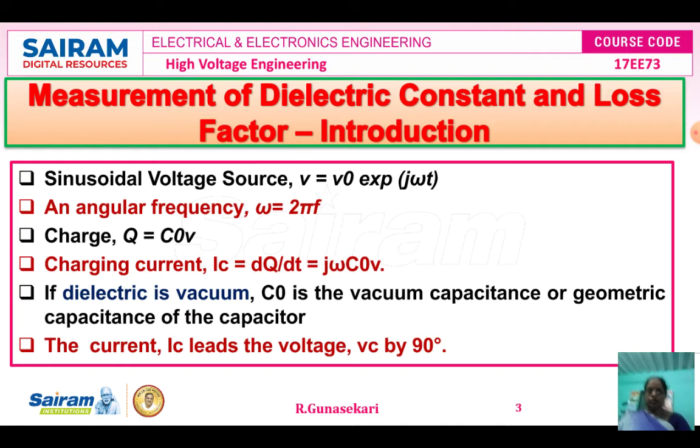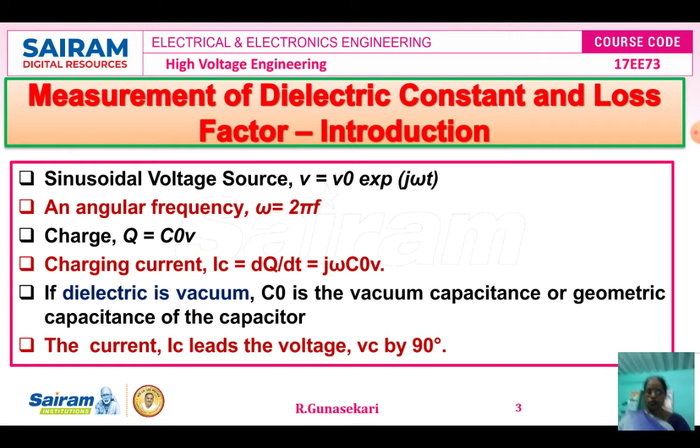These are subdivided into two quantities: one is dielectric constant, another is loss factor, which are dependent on the magnitude of the voltage stress and on the frequency of the applied voltage. When a dielectric is used in electrical equipment such as a cable or a capacitor, the variation of these quantities with the frequency is of importance.